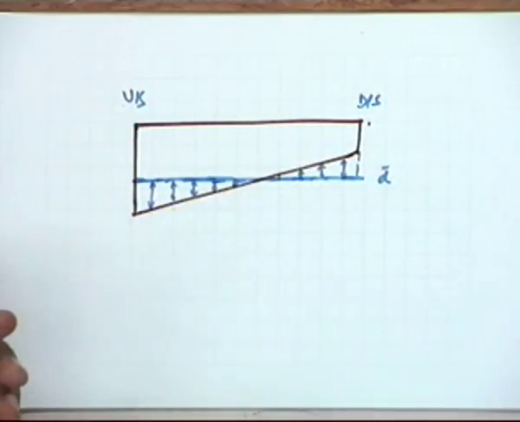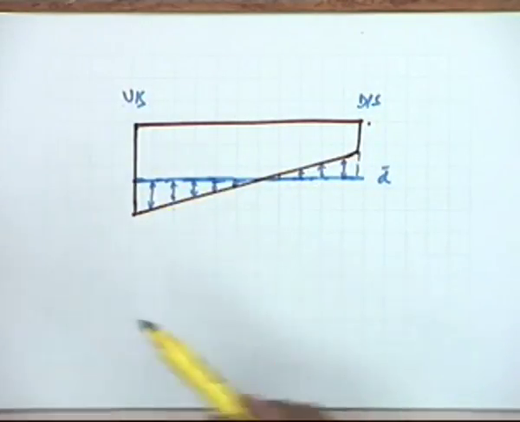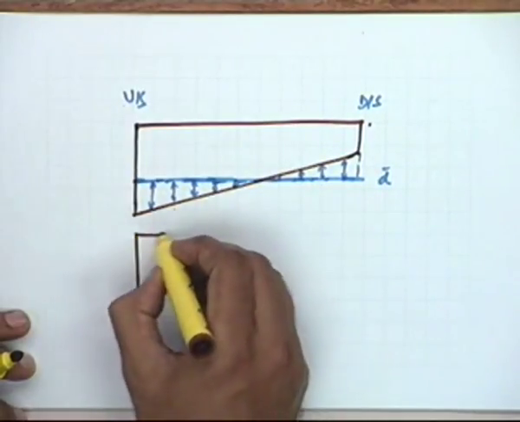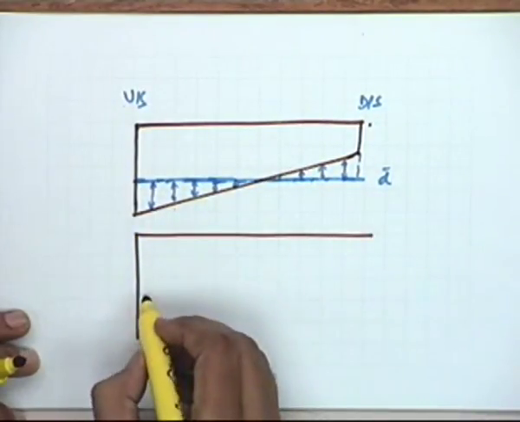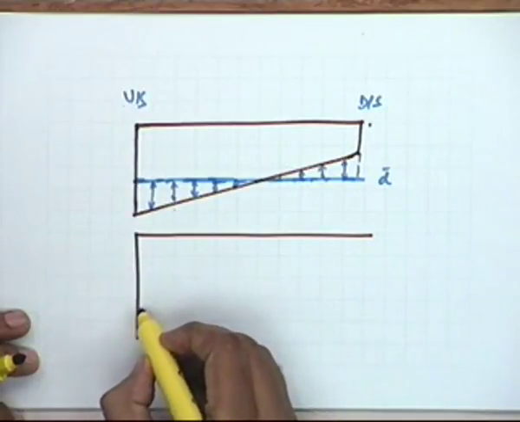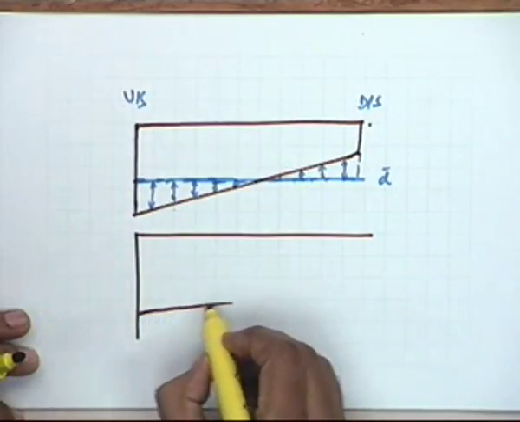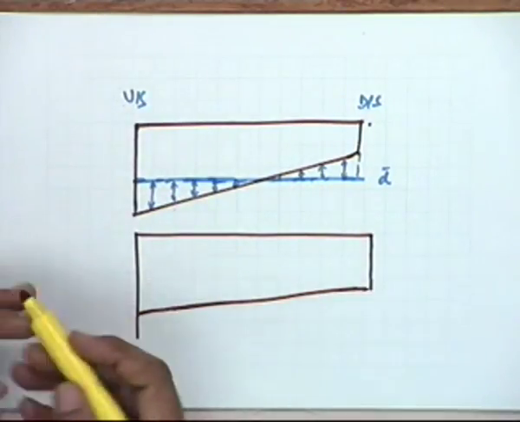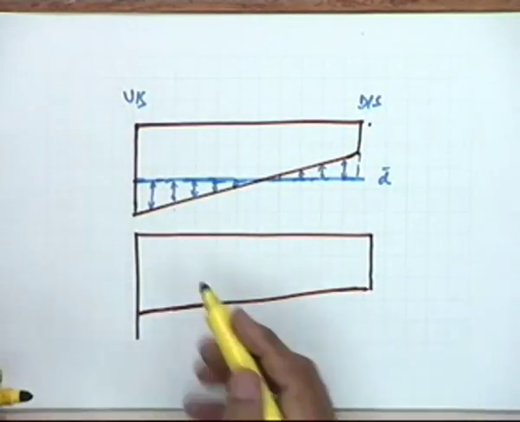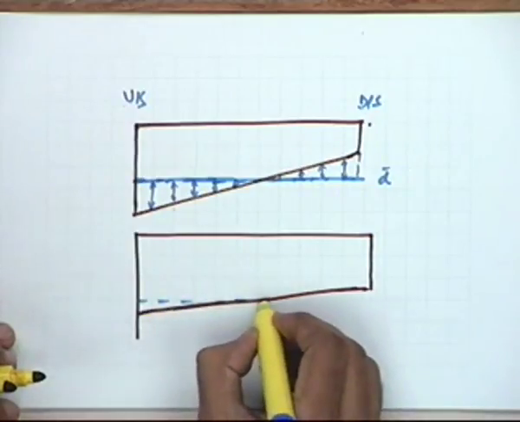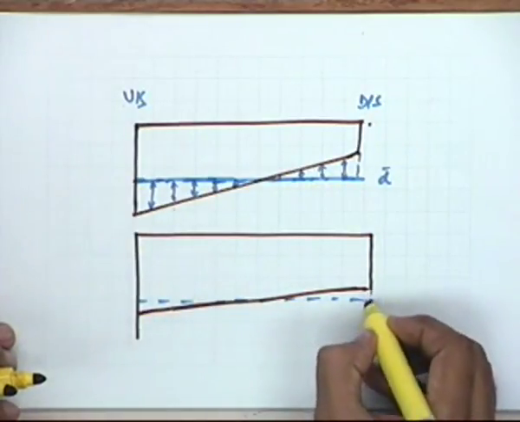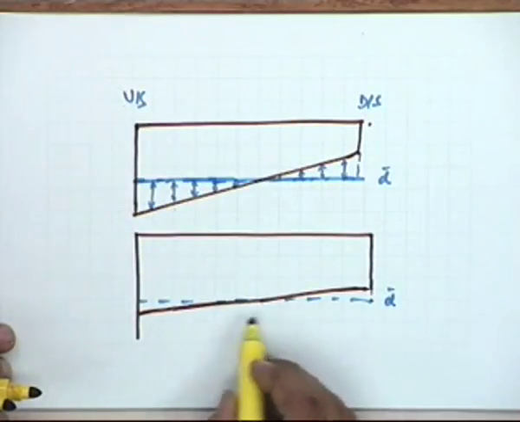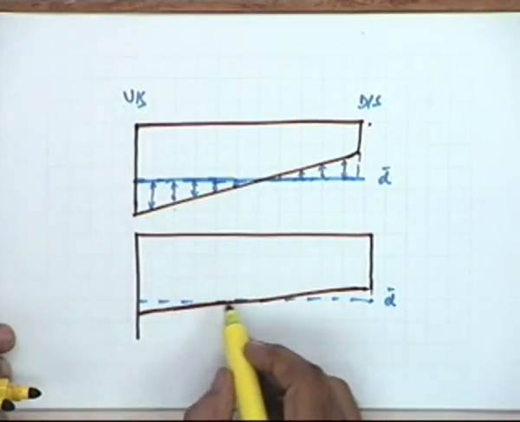For example, if we draw another situation where the actual application is this, in this case this is the average depth d bar, and the deviations are now much smaller.